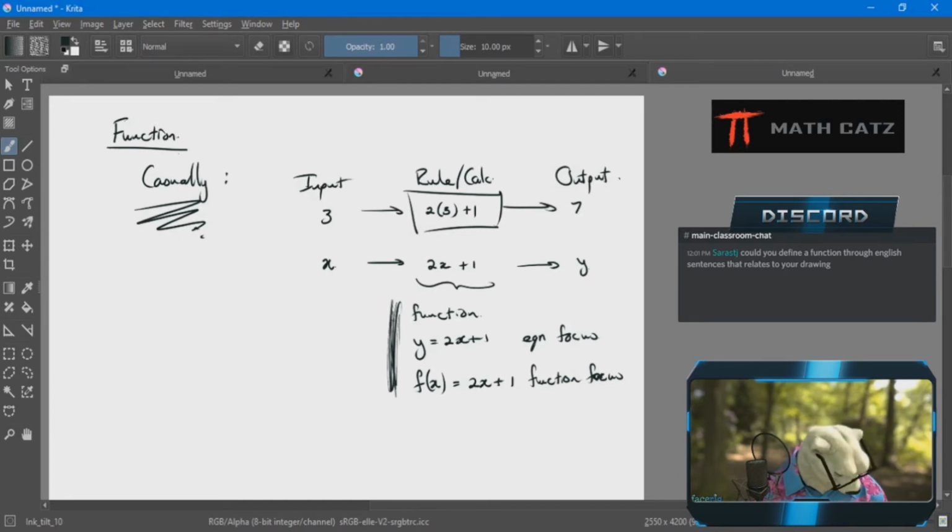Question. Could you define a function through English sentences that relates to your drawing? Sure. Let's say it like this.